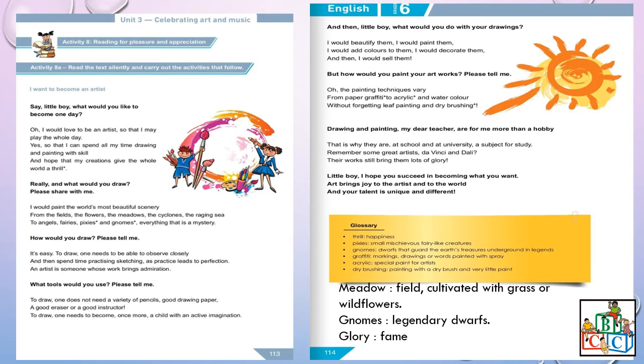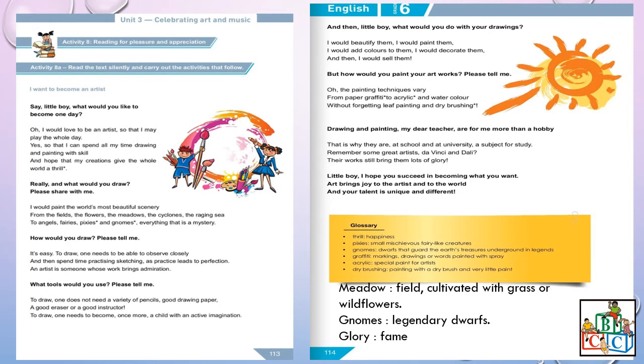So this was a very nice text, okay, on how a boy wants to become an artist. So he has dreams for his future, what he's going to do with his paintings, with his drawings. He's going to decorate all of them and sell them.